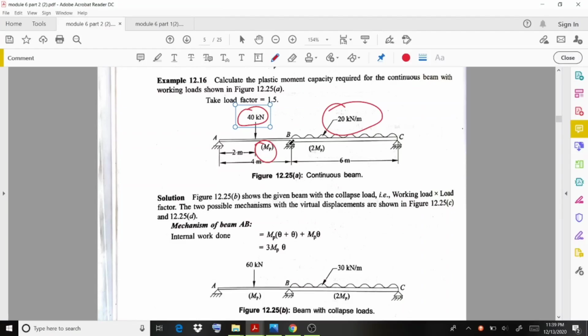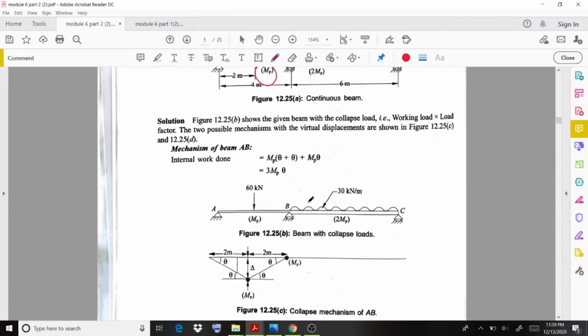If a question is given this way, you have to split it into two parts. First of all, you consider AB, then BC. In the first part, the AB portion, the plastic moment can occur at this fixed end.